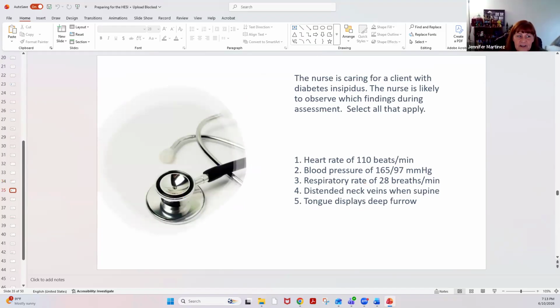The nurse is caring for a client with diabetes insipidus. The nurse is likely to observe which findings during assessment, select all that apply.